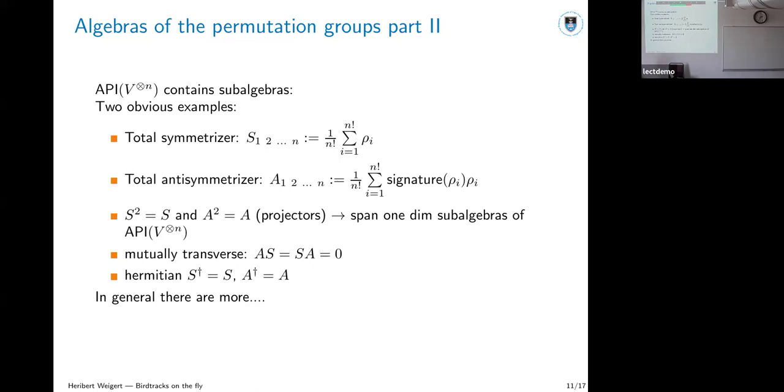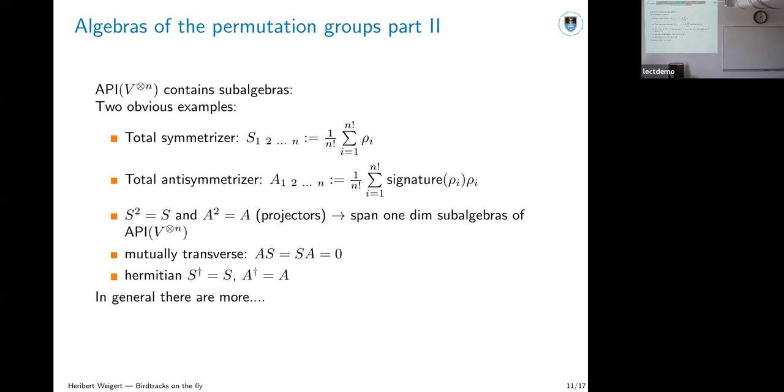You just add up all of those permutations and divide by the number of permutations that we have there, because that combination itself is a projection operator, in the sense that if you square it, you get the operator back. This is plausible. You symmetrize something in a bunch of indices, and once it's symmetrized, if you do it again, nothing happens.